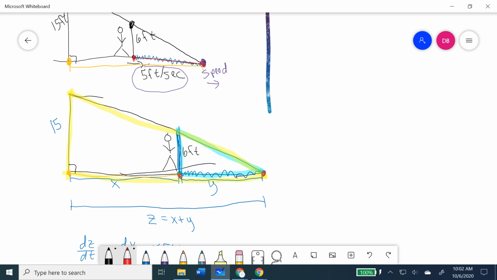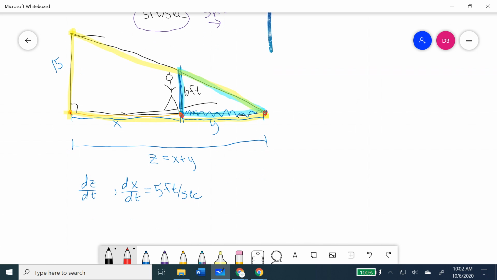It's the two of them moving together that is making the length of the shadow change. But if I want to know how quickly this singular point is moving, I want to attach it to a point that is not moving and look at that distance.